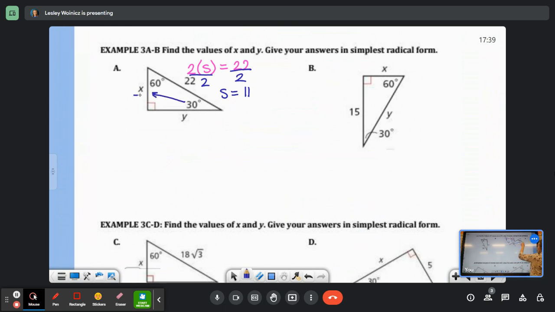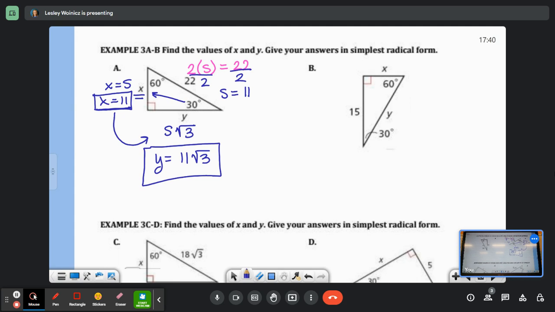So x is my s, the short side. If s is 11, x is 11. Now once I have my short side, I can find my middle side, because my middle side is just my short side times the square root of 3. My s is 11, so y equals 11 times the square root of 3. And I'm done.